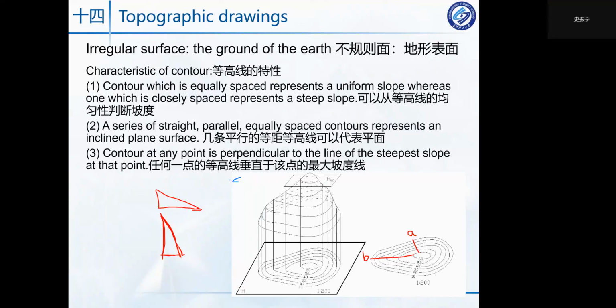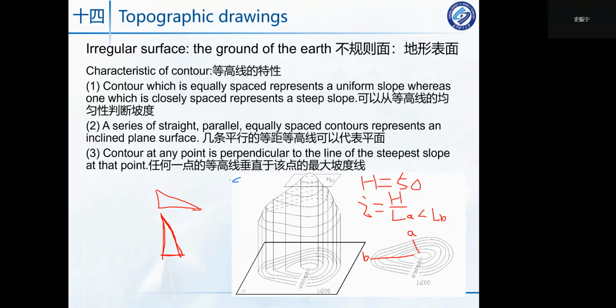Why? Because you can see this point elevation is 60, and this one is 10. The difference of the elevation is the same, 50. But i is equal to h divided by L, and you can see LA is smaller than LB.